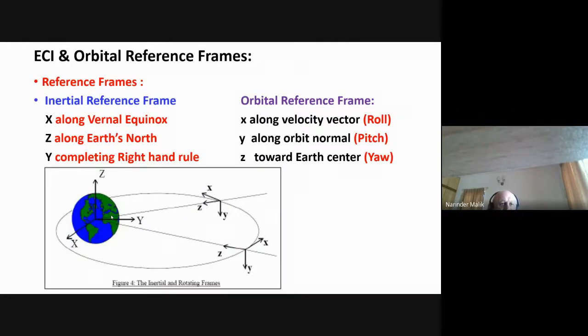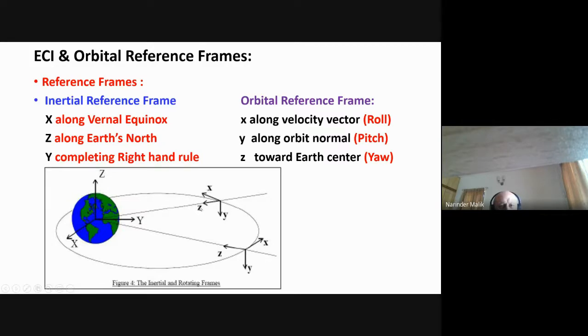Now let me come to ECI and orbit reference frame. See, we are generally defining our spacecraft axes as roll, yaw, pitch. Now, how? I said reference frame inertial. Inertial reference frame is fixed X, Y, Z. It is a fixed frame.